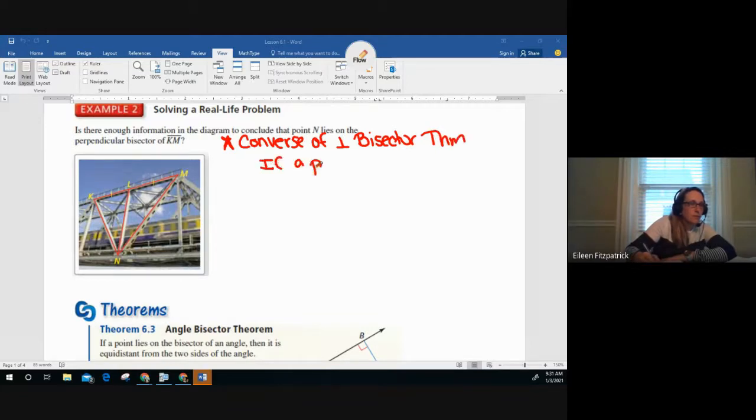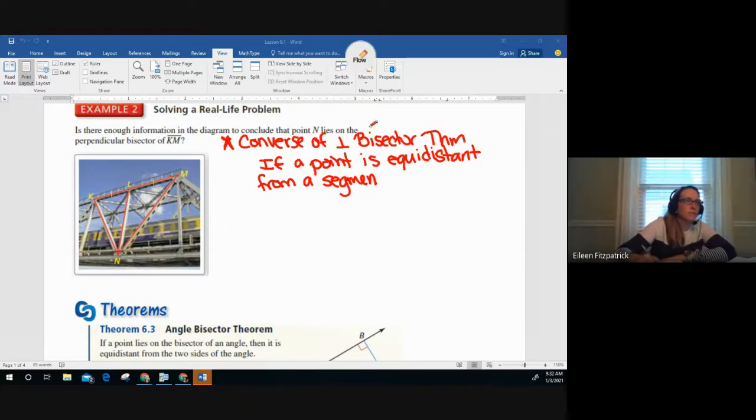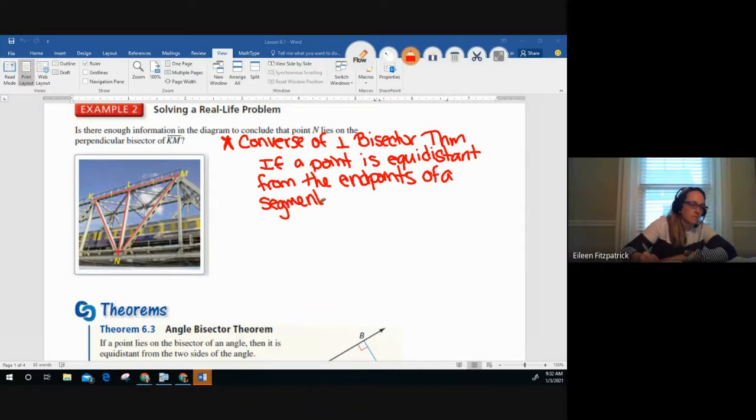If a point is equidistant from the endpoints of a segment, then it lies on the perpendicular bisector. So that's what I'm looking for.